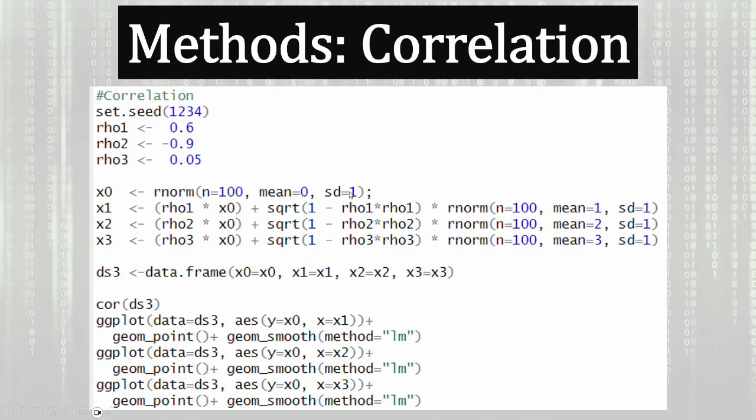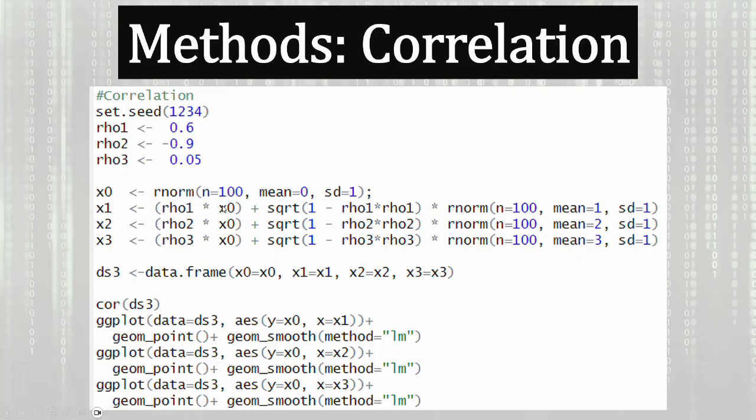So far, no different from what we've already seen. But now we're going to have 3 other x variables that are going to be correlated with our x0 variable to different degrees. And I found this formula from one of the references where essentially you have 2 parts and you add them together.